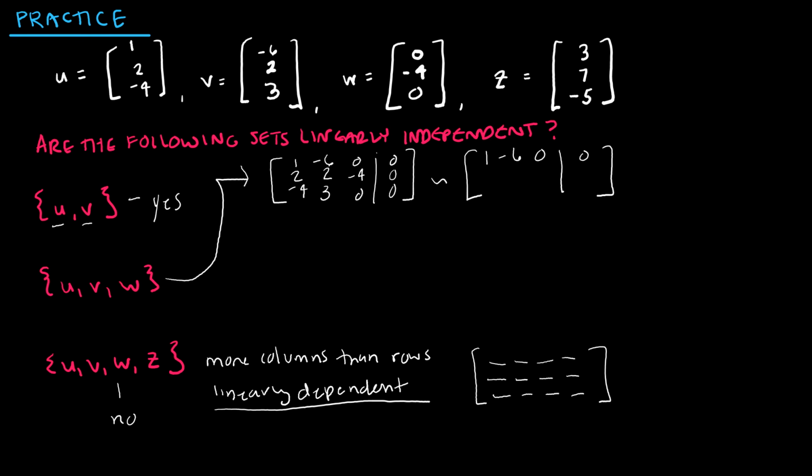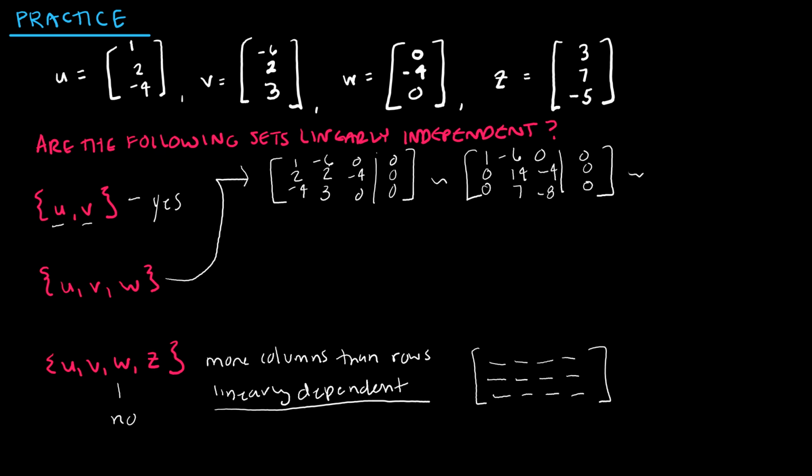I'm going to take my first row times -2 and add it to my second row to give me 0, 14, -4, 0. And I'm going to take +2 times row 2 to add to row 3. So 2 times 2 is 4, plus -4 is 0. 2 times 2 is 4, plus 3 is 7. 2 times -4 is -8, plus 0 is -8.